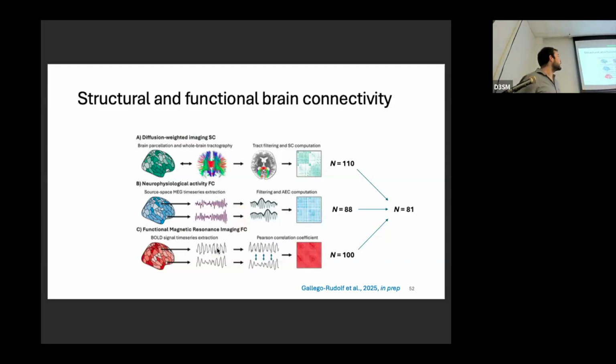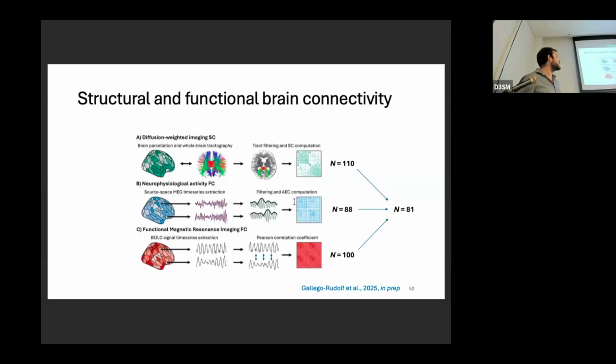We can do the same for functional MRI by extracting the time series from different parcels and then computing the Pearson correlation coefficient in order to derive, again, a functional connectivity matrix that shows the associations across all pairs of these Schaefer atlas regions. And as I mentioned in the introduction, we can do something very similar with the MEG signals, which is what we do with the fMRI.